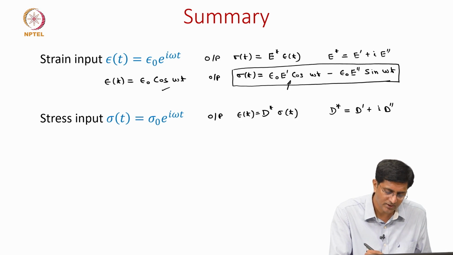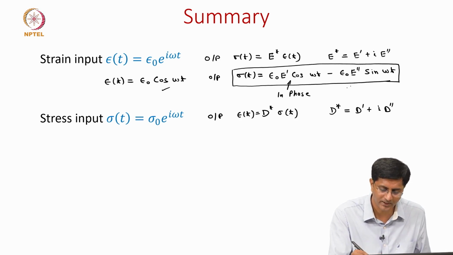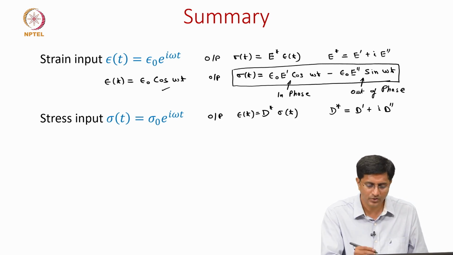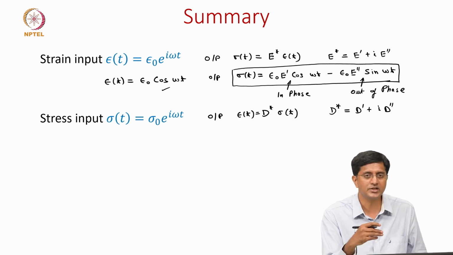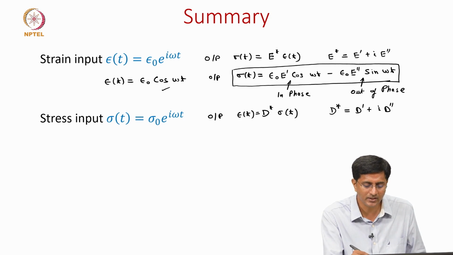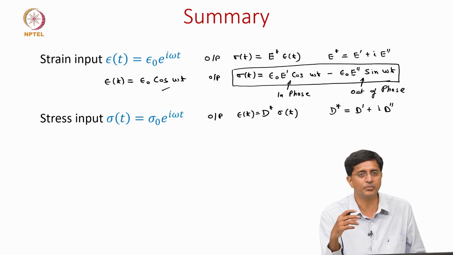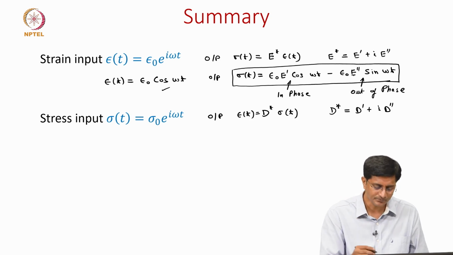So, this we would say as in phase, and the second term is out of phase. So, we can see that the storage modulus E dash is responsible for the in phase component of the response, and the loss modulus E double dash takes care of the out of phase component of the response.